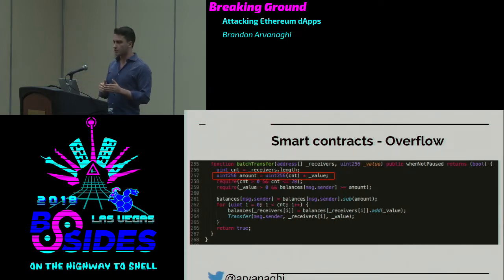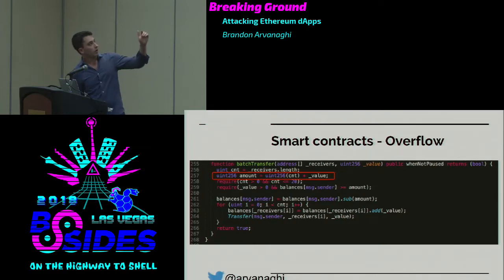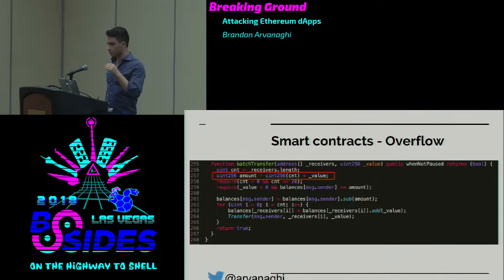You call it once, you have an array of all the people you want to receive the token, and you provide the value. Unfortunately, they didn't check for an overflow. So there's an overflow vulnerability here in which the attacker was able to basically forge the fact that they had millions of dollars of tokens, essentially. And that dasp.co site goes into this step-by-step.